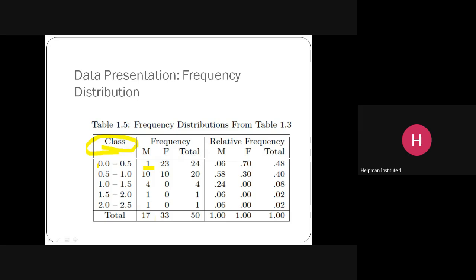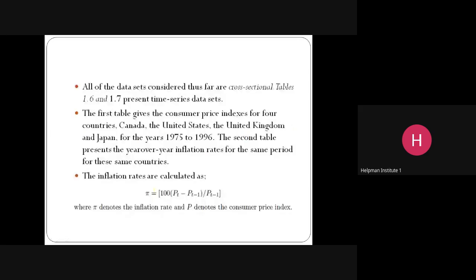Then we have a total of 33 female, and a total sample of 50 here. Now, the total relative frequency gives us 1 for male, 1 for female, and when we take them in total, we get 1.0 for all.